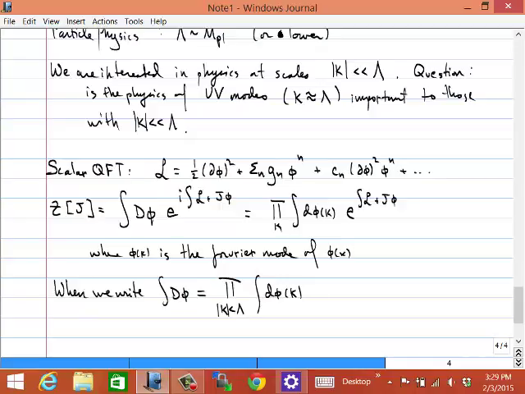Now, there's one subtlety that I should mention here, which I'm not going to talk about more today, but which we'll have to come back to at some point. Strictly speaking, I should talk about Euclidean signature rather than Lorentzian signature. The reason is that I really want to restrict my energies and momenta to be small.